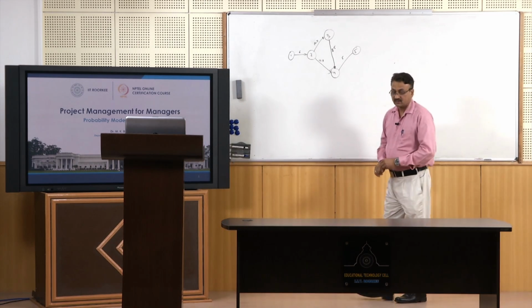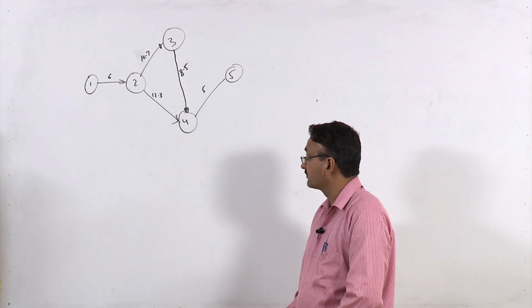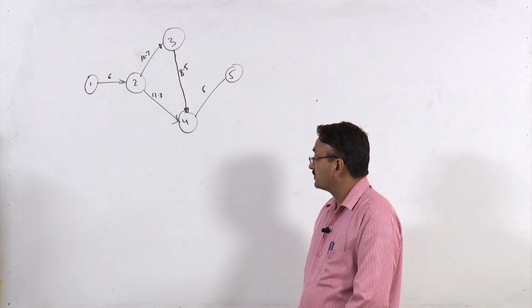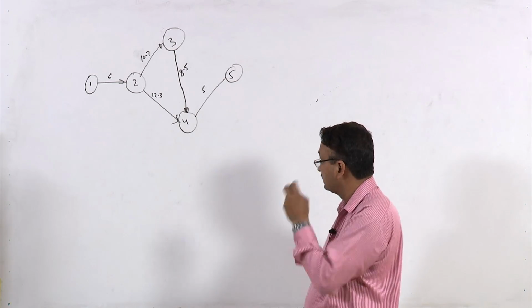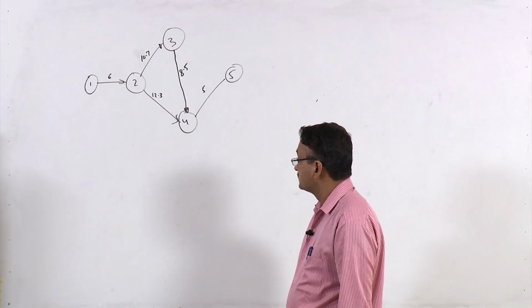So we have converted a PERT network into a CPM network. So let us start finding the critical path.